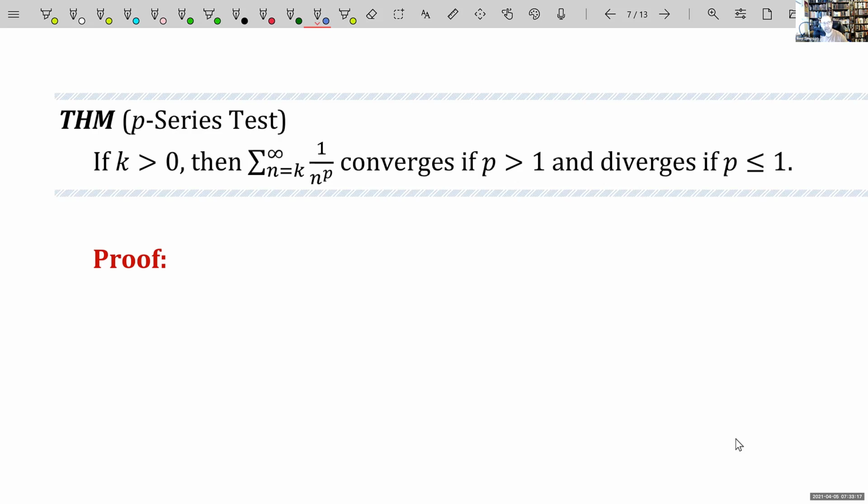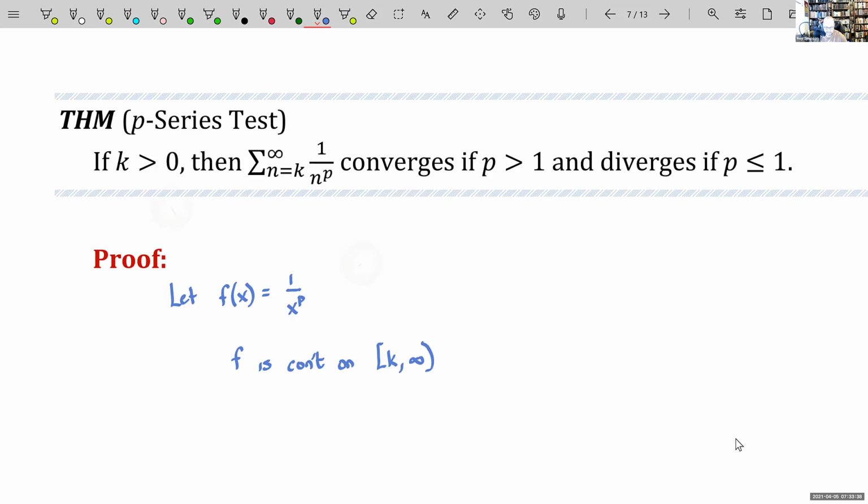And the proof is very simple. First, we go ahead and let f of x equal 1 over x to the p. It's pretty obvious that f is continuous on k to infinity because k is greater than 0.